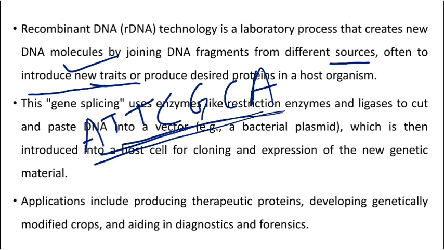Generally, a gene expresses itself by producing a protein. So our ultimate aim is to produce one protein, one desired product. So we have to combine two genes to produce a desired protein.